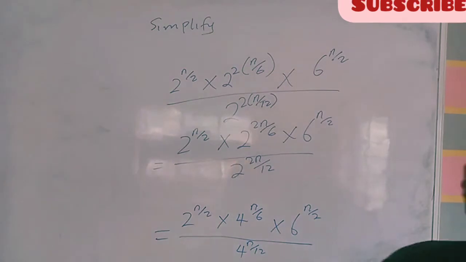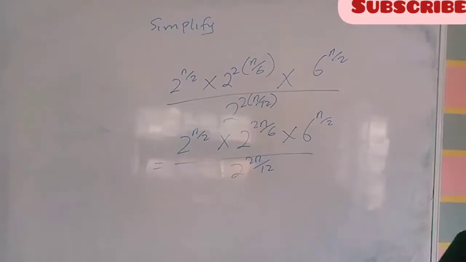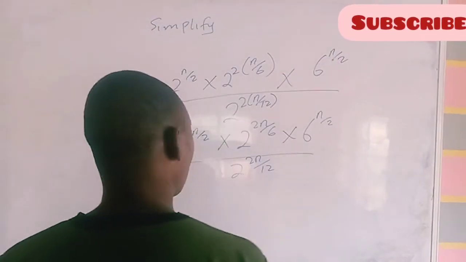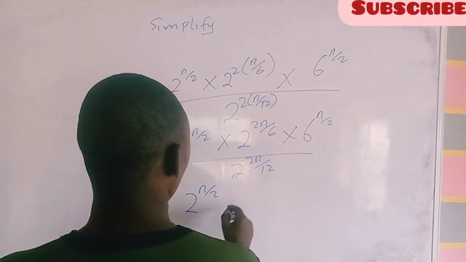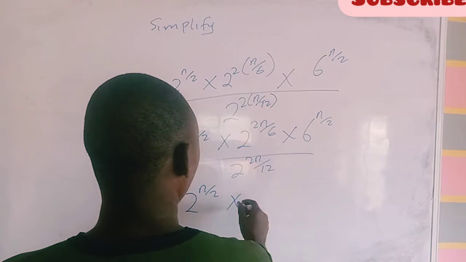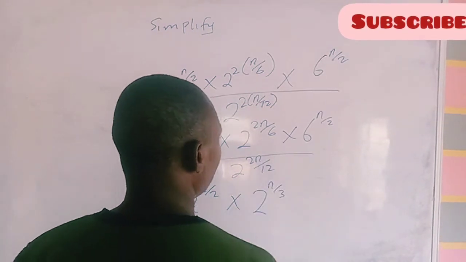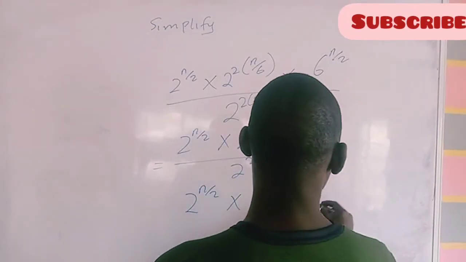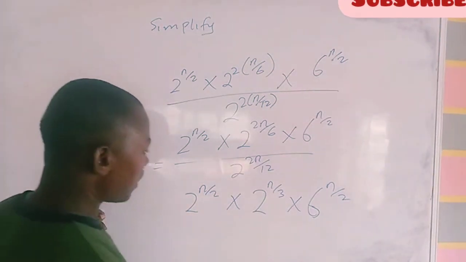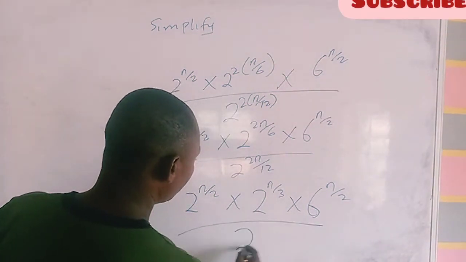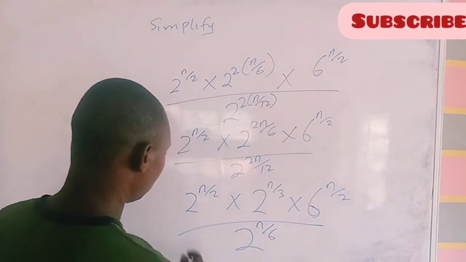Okay? So I have 2 raised to power n over 2 times 2 raised to power n over 3, then times 6 raised to power n over 2. Okay? So we now have over 2 raised to power 2n over 12, that is n over 6.